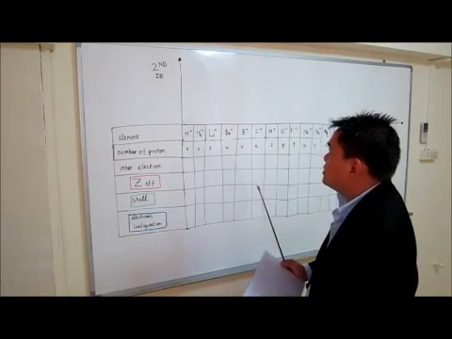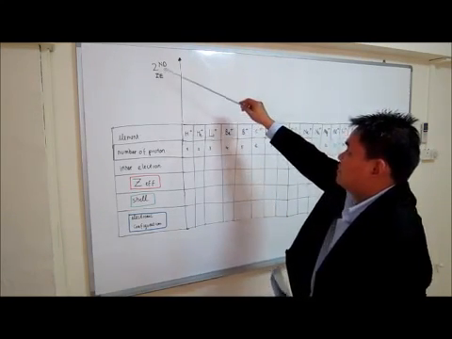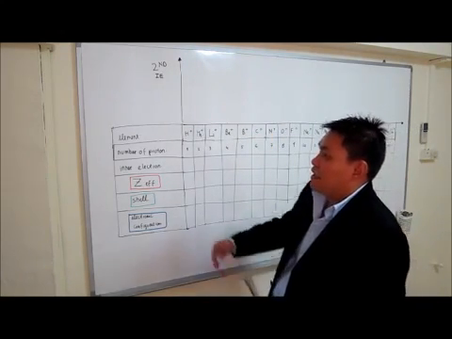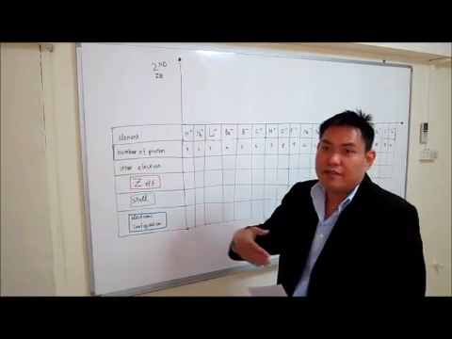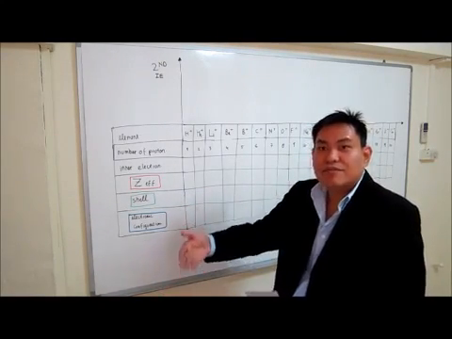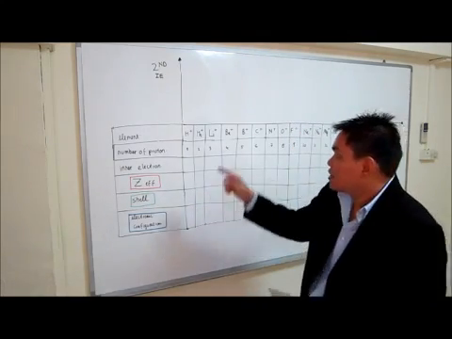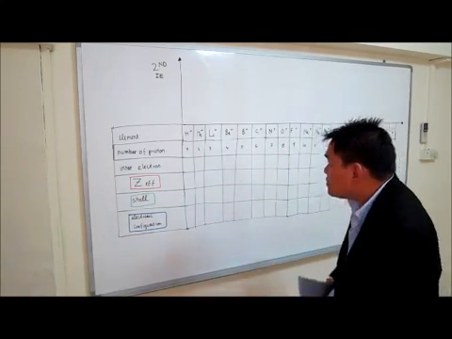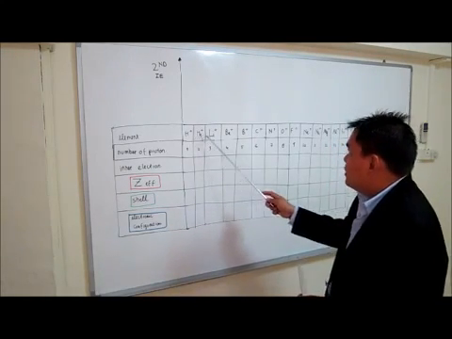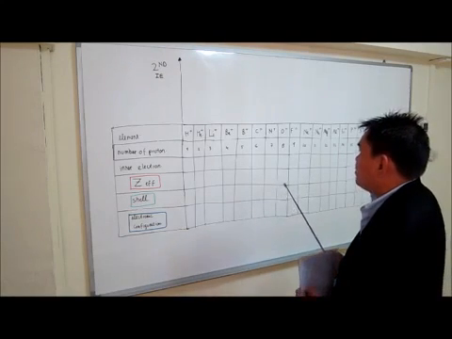The reason is that second ionization energy involves the cation with +1 charge to produce a cation with 2+ charge, because you're taking the second electron from that atom. So you can fill up all these elements, and you might need the periodic table to help you with that.